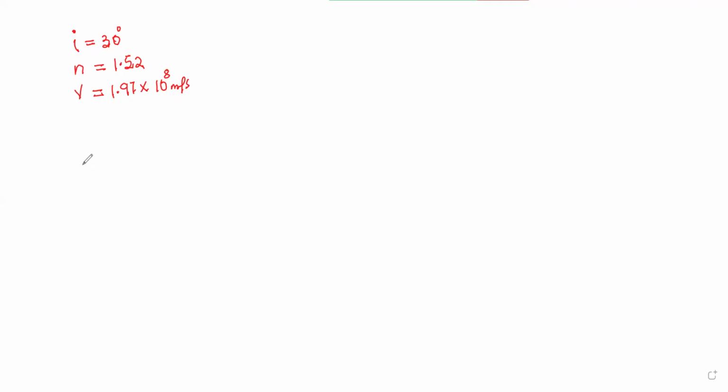So we can use two different methods in doing this. First, we can use Snell's law, which is absolute refractive index is equal to sine of I over sine of R. Once we have I and the absolute refractive index, we can easily find the angle of refraction.